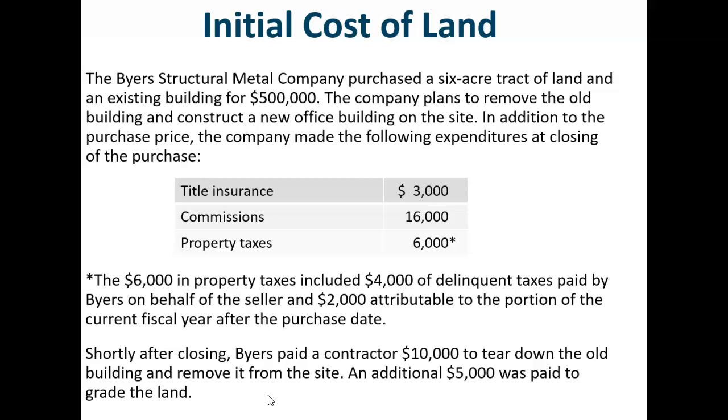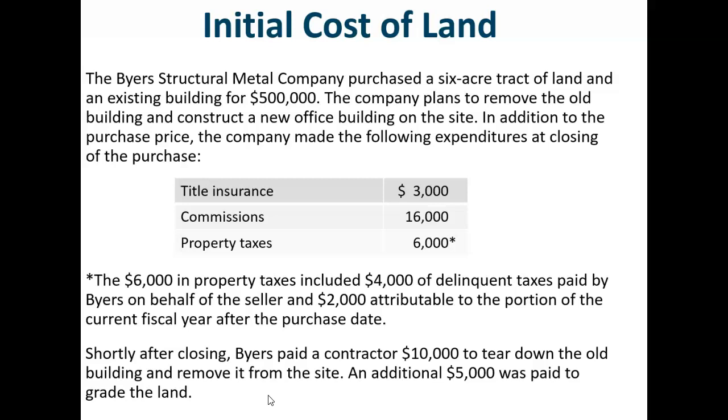In addition to the purchase price, the company also paid some expenses in the purchase escrow. They paid $3,000 for title insurance, $16,000 commissions, $4,000 of delinquent property taxes, and $2,000 of property taxes attributable to the portion of the current fiscal year after the purchase date.